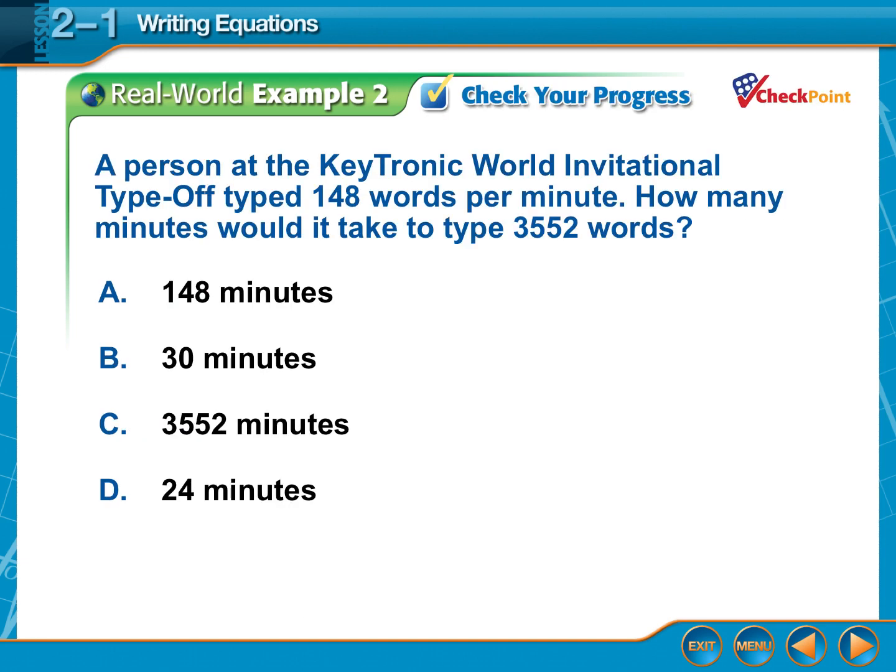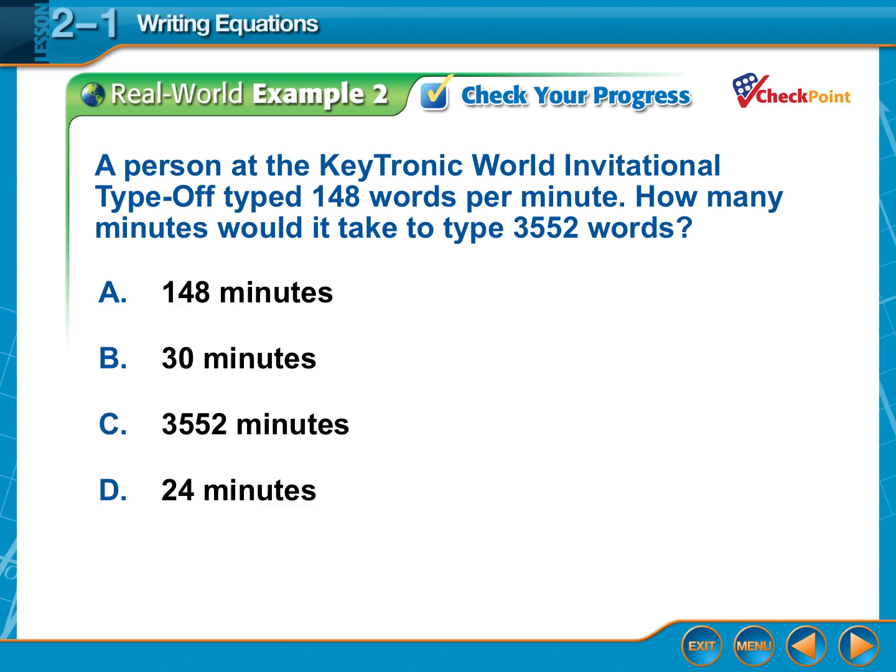What did you guys come up with? So it says a person at the Keytronic World Invitational Type-Off typed 148 words per minute. You take the 3,552 and divide it by 148. What equation did you write?